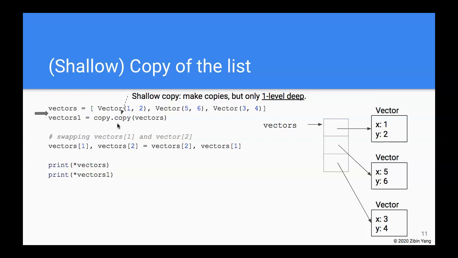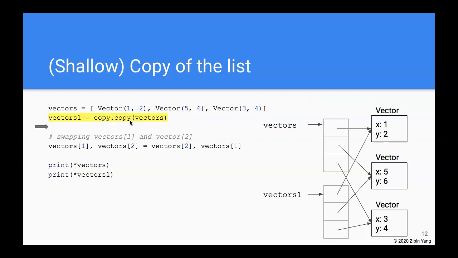So what copy.copy does after we execute this line is that it creates a one level deep copy. So it creates another list. And the elements in this list point to the exact same vectors as their corresponding elements in the original vectors point to.